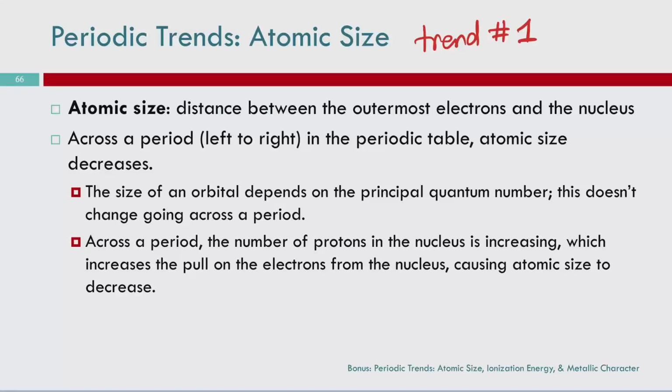Nice. So for atomic size, what we're talking about here is the distance between the outermost electrons. What do we call those? Valence electrons. So it's the distance between our valence electrons and the nucleus. What's in the nucleus? Protons and neutrons.